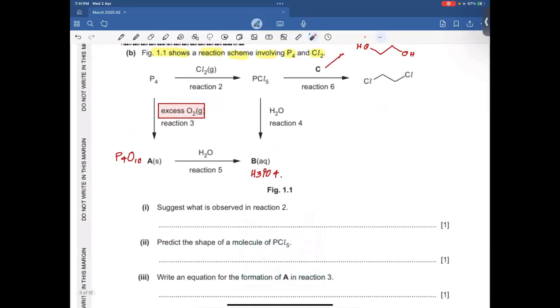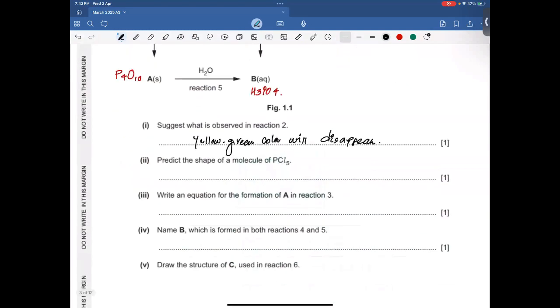State what is observed in reaction 2. So the observation is very simple. The yellowish green color of chlorine will disappear. Predict the shape of the molecule of PCl5.